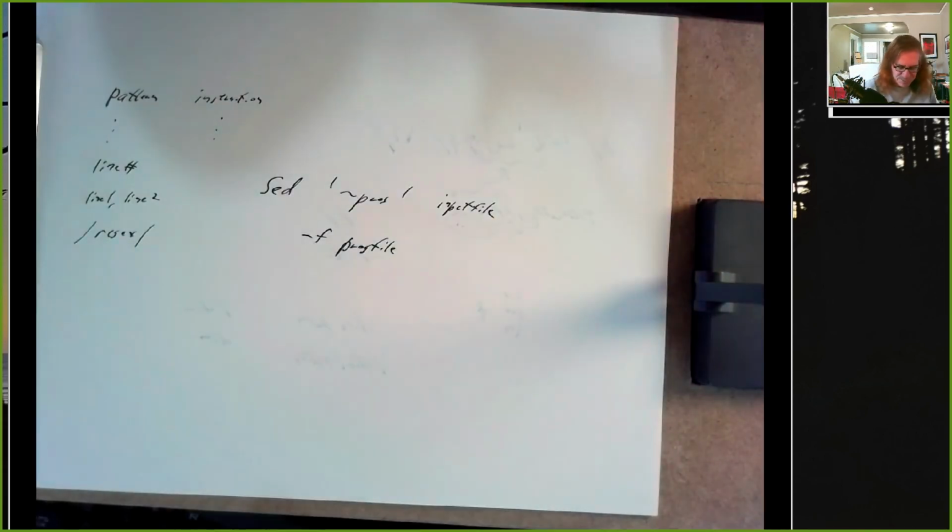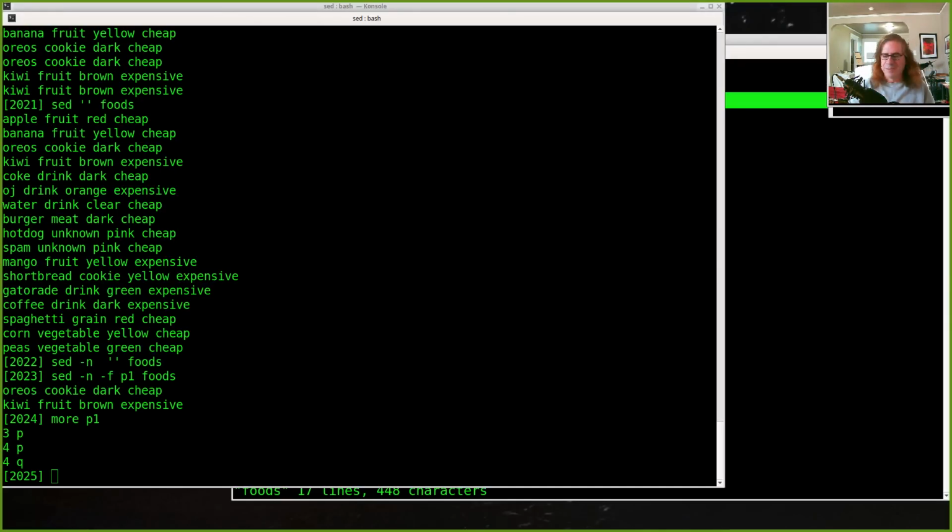So let's say we want to print out all of the fruits. So there's a program which says look for the pattern fruit, and when you find it, print out that line. And if I do this, remember the default behavior is to copy the input into the output.